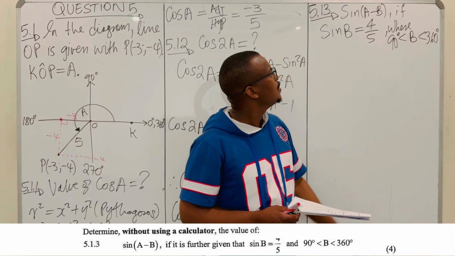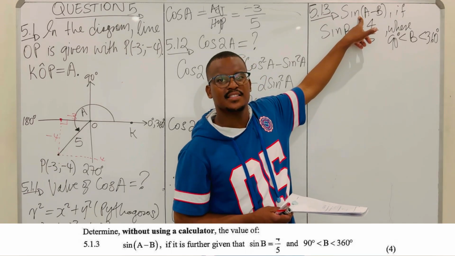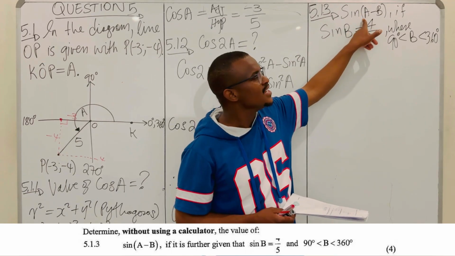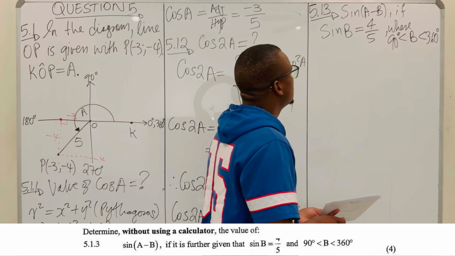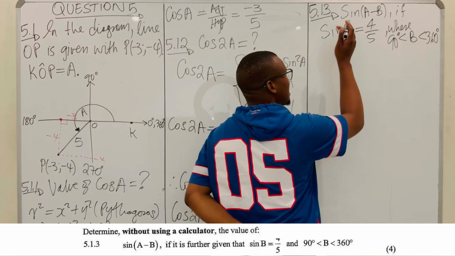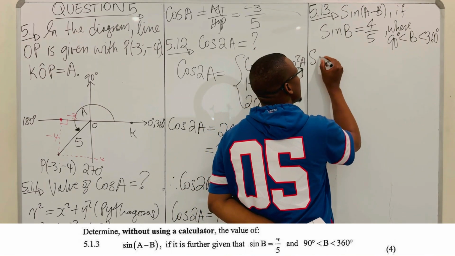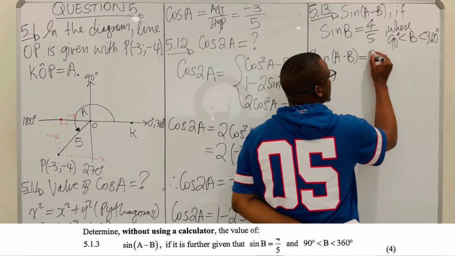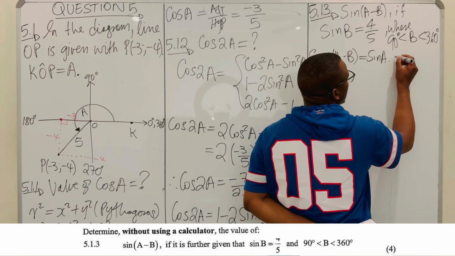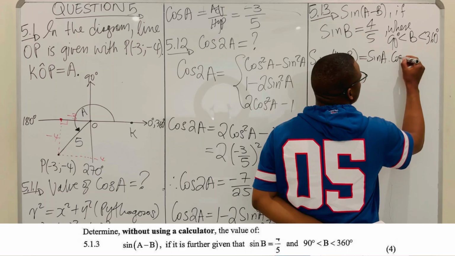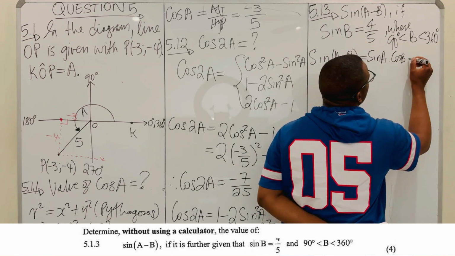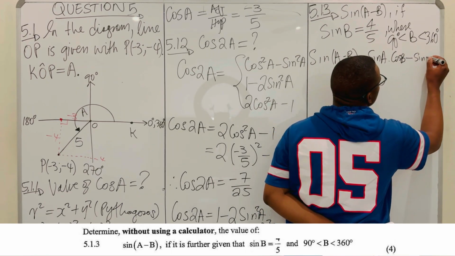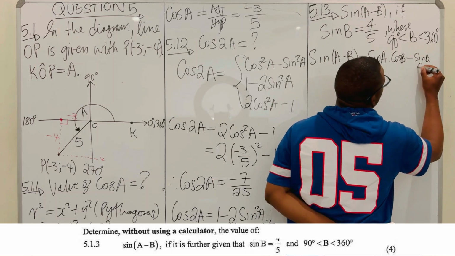First you need to understand what this is. This is a compound angle, right? You can see from the back of the formula sheet that sine A minus B is equal to sine A times cos B, minus sine B times cos A.